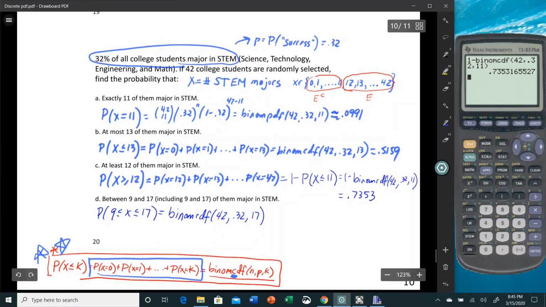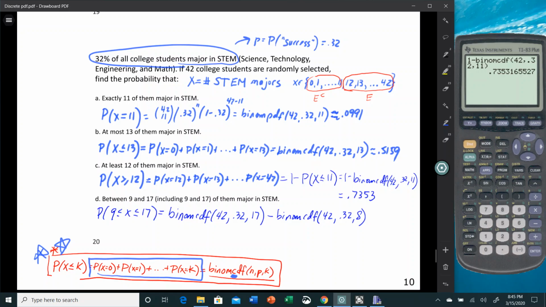That's going to add all the probabilities from 0 to 17, but we want to subtract from those the binomial CDF up to 8. That will give us the values from 9 to 17, because this second piece will subtract the values X takes on, 0 through 8.